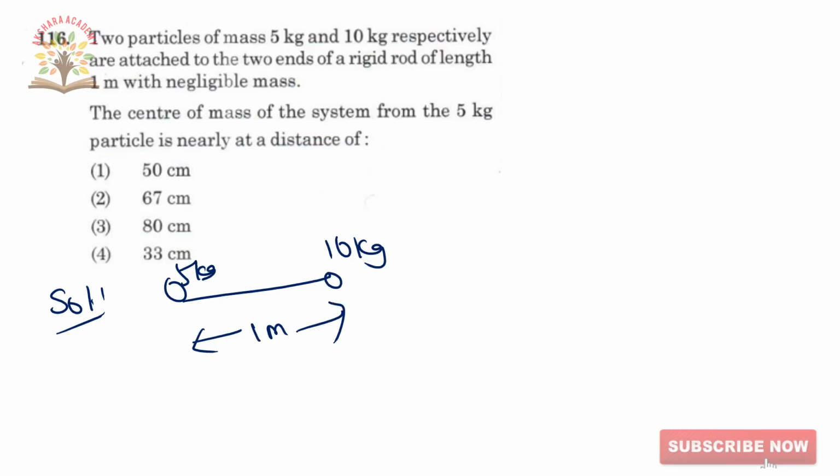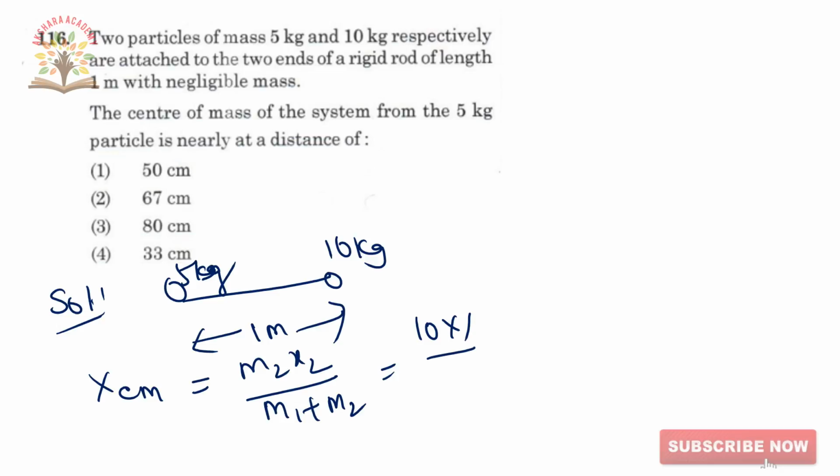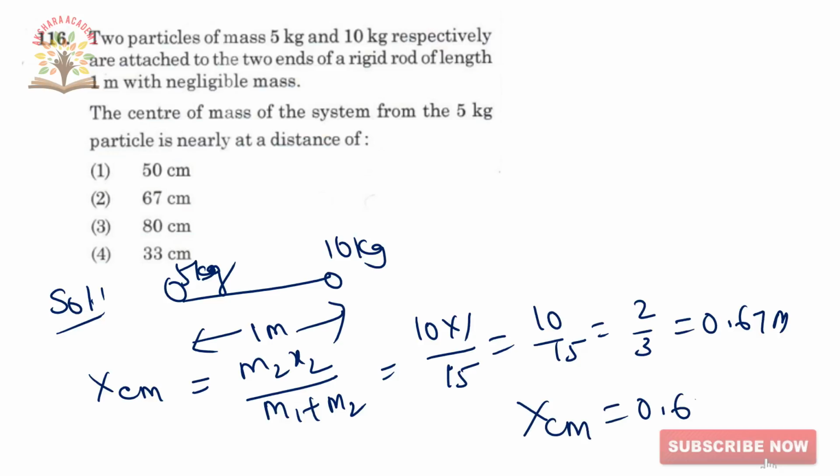The center of mass is equal to m2 x2 by m1 plus m2, that is equal to 10 into 1 by 15, that is equal to 10 by 15, that is equal to 2 by 3, that is equal to 0.67 meters. In terms of centimeters, 67 centimeters. So which option is correct? The second option is correct. And let's go to 117.